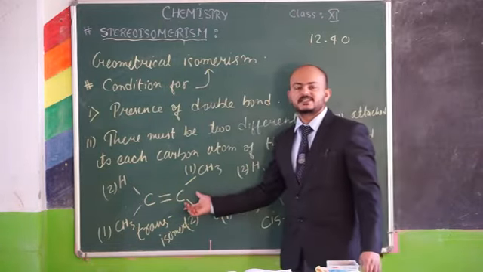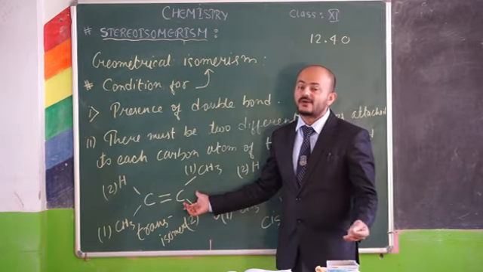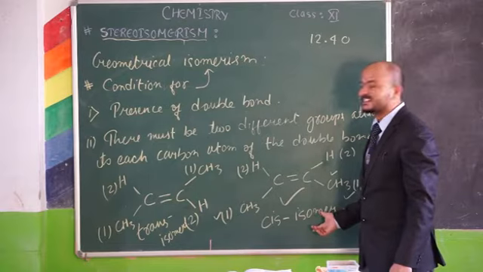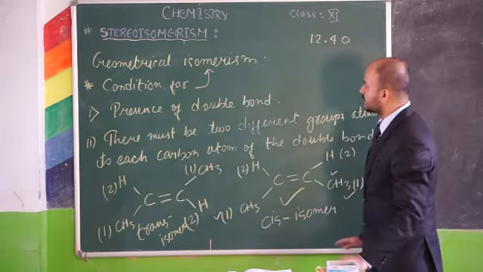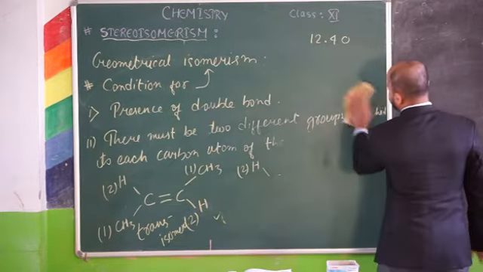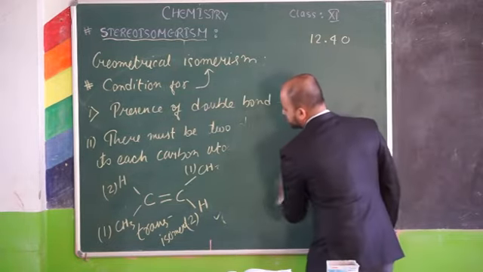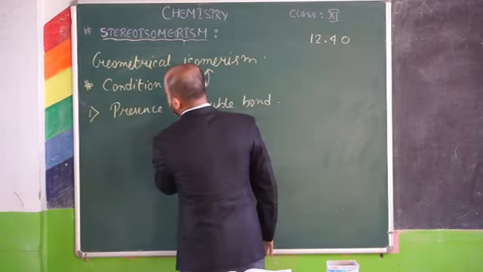And in most of the cases, its dipole moment will be 0 or less than that of cis isomers. So these are the points that you have to remember from geometrical isomers. Now let's move on to optical isomerism.